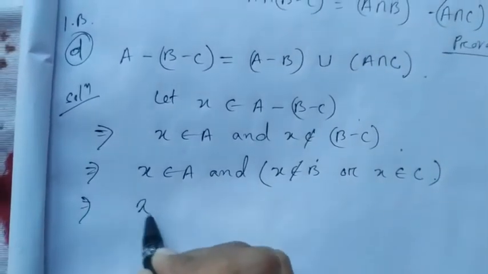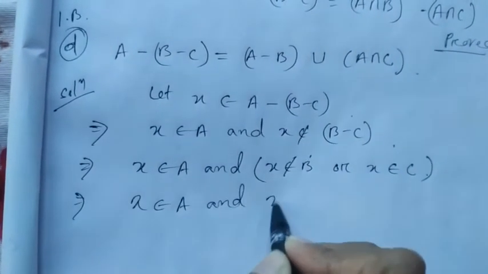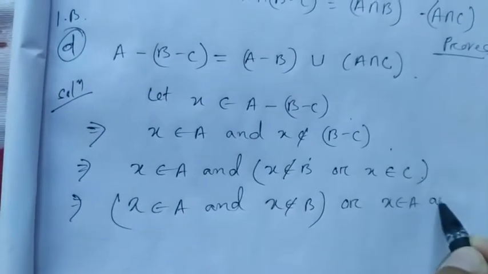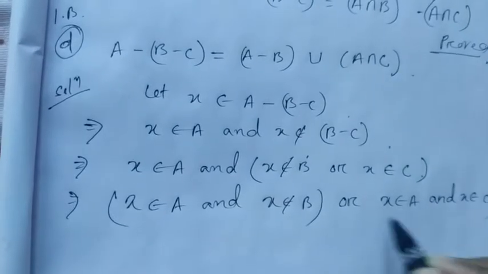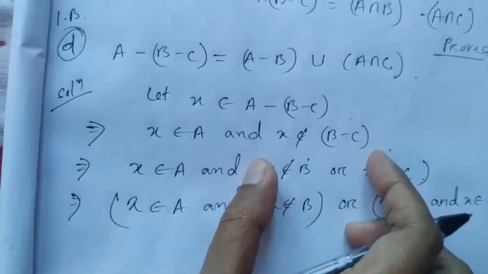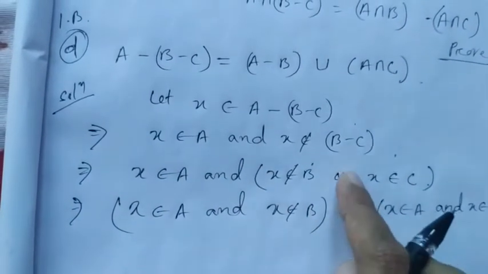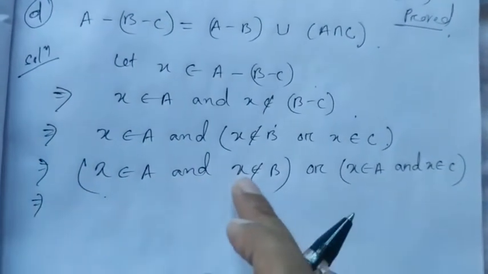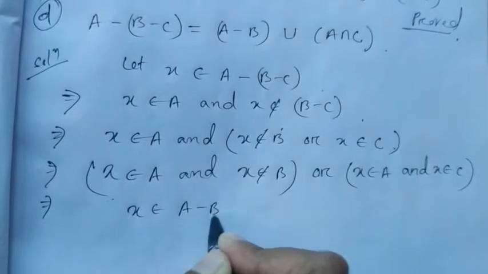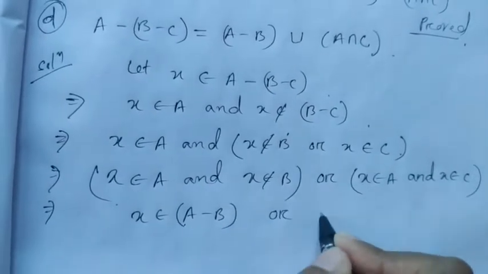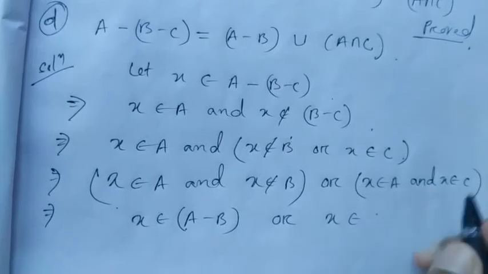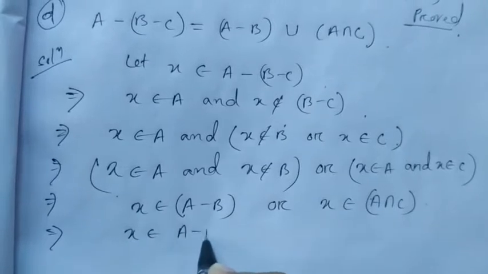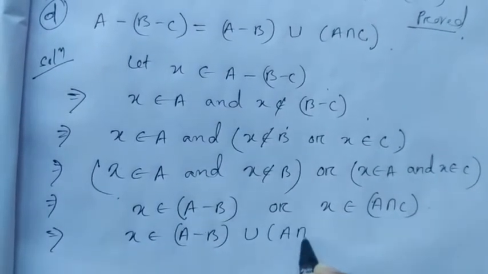Now this implies x belongs to A and x not belongs to B, or x belongs to A and x belongs to C. So this implies what? x belongs to A and x not belongs to B means x belongs to A minus B, or x belongs to A and x belongs to C, so x belongs to A intersection C. Now this implies x belongs to (A minus B) union (A intersection C).